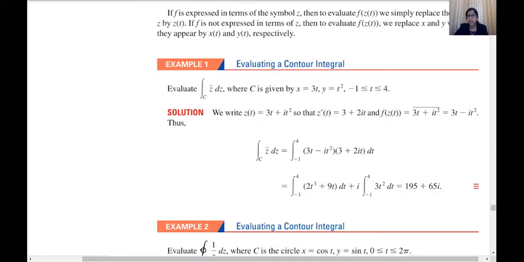Opening the bracket and combining the real terms and combining the imaginary terms, we get it as the integral from -1 to 4 of (2t cube plus 9t) dt plus i into the integral from -1 to 4 of 3t square dt, which will be equal to 195 plus 65i. So I hope this step is clear.